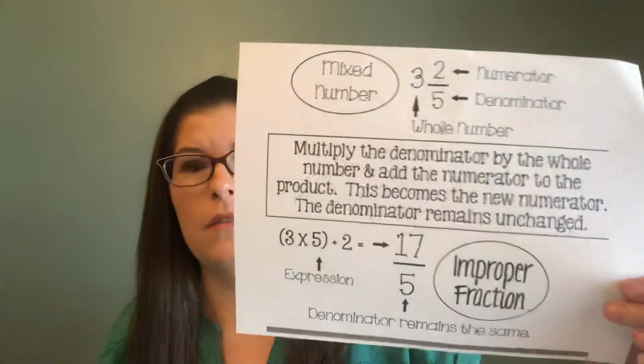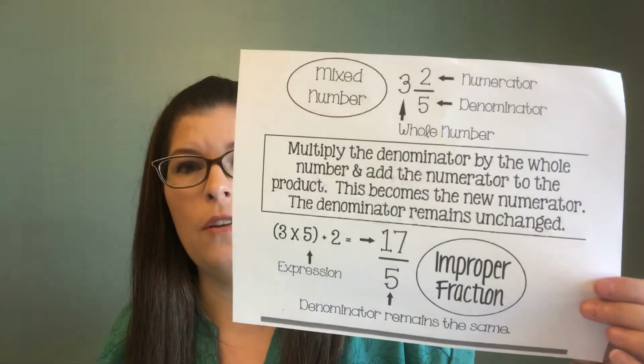You're not going to write it in its simplest form. I haven't taught you how to write it in its simplest form yet. That was next unit. So for right now, all I want you to do is if you get an improper fraction, I want you to make it proper. So if it's improper, I want you to make it proper to that mixed number.